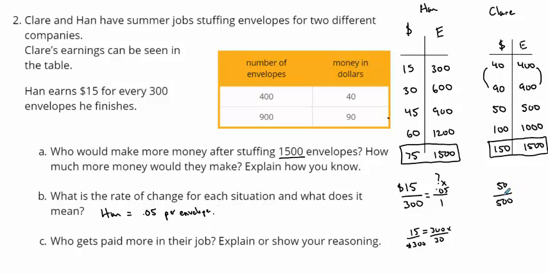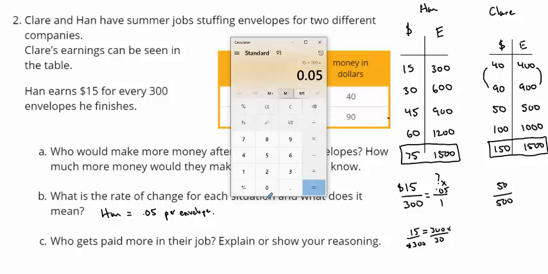And let's do the same thing with Claire. 50 divided by 500. She makes 10 cents per envelope.